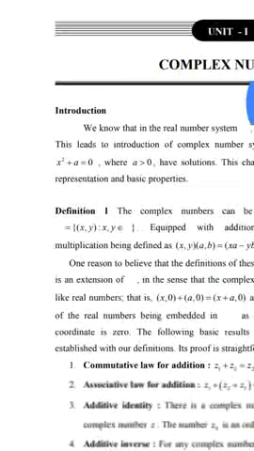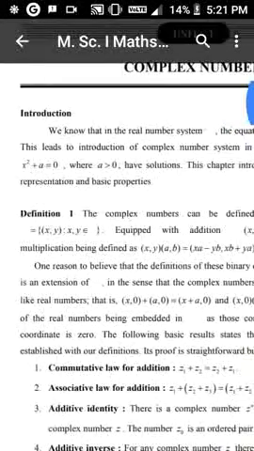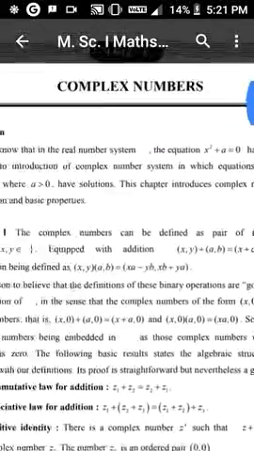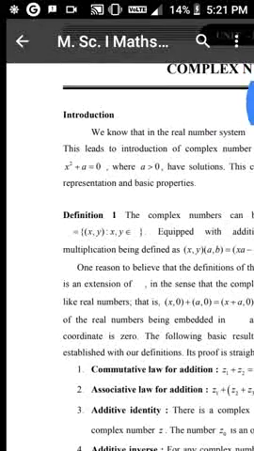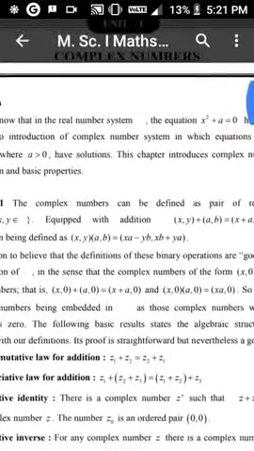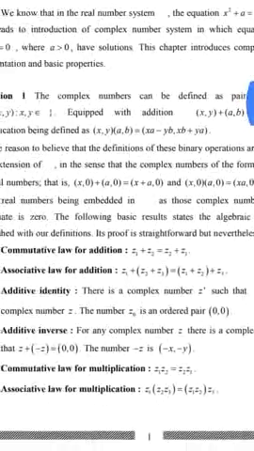This leads to the introduction of complex numbers, in which equations of the form x square plus a is equal to 0, where a is greater than 0, have solutions.